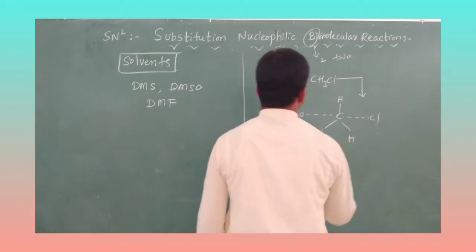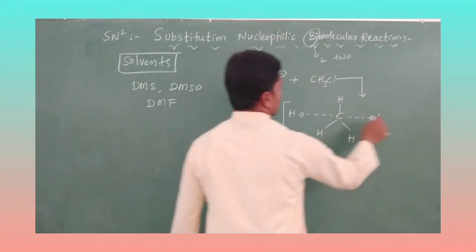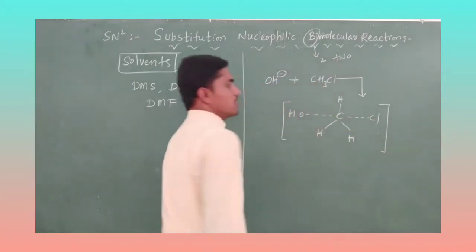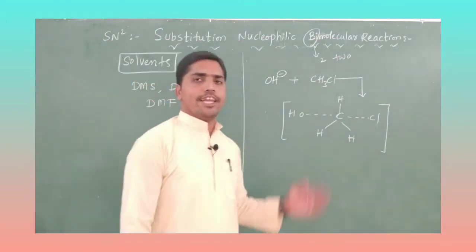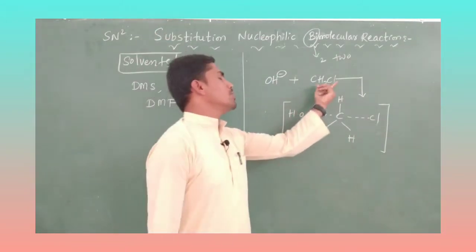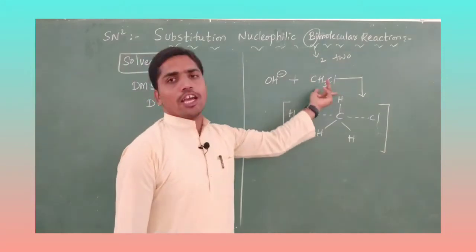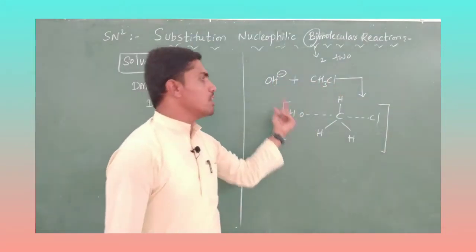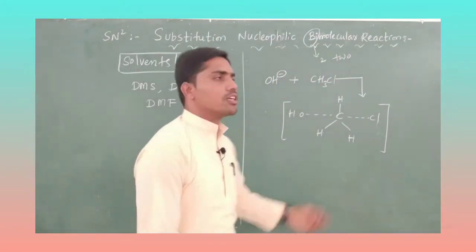So this is the intermediate product. Before we get to the main product in the SN2 reaction, when methyl chloride, or simply an alkyl halide, is reacted with the nucleophile, we get an intermediate product.